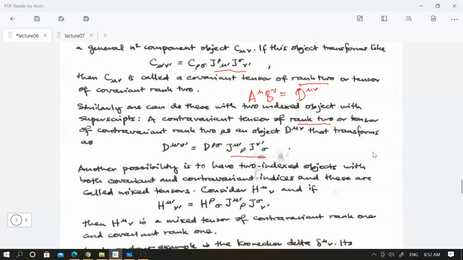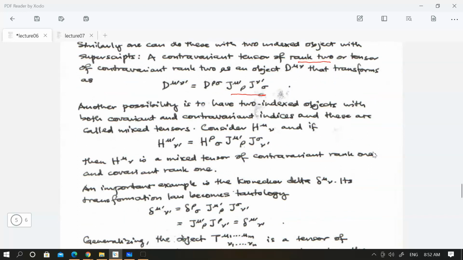The final thing that we can also have is to not only take a tensor product between two covariant vectors or two contravariant vectors. I can take a tensor product between one covariant vector and one contravariant vector. In this particular case, I will get something like this over here. In this case, let's call this H, I'm using H here, H^μ_ν.